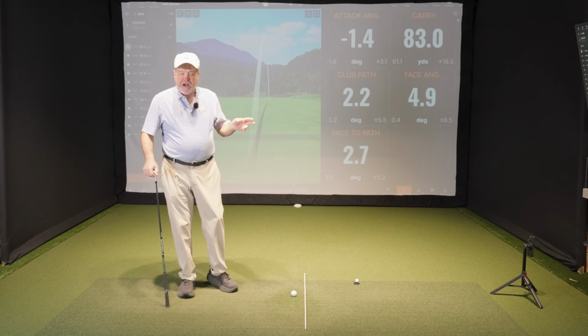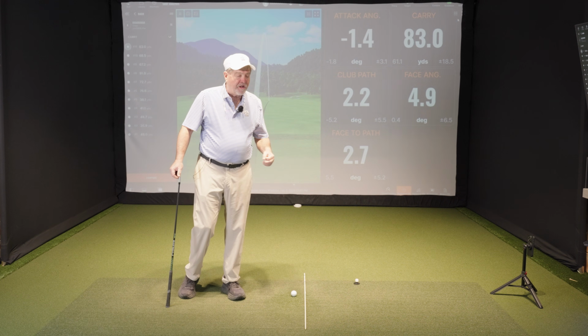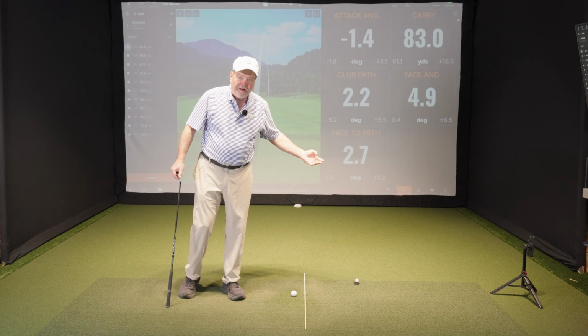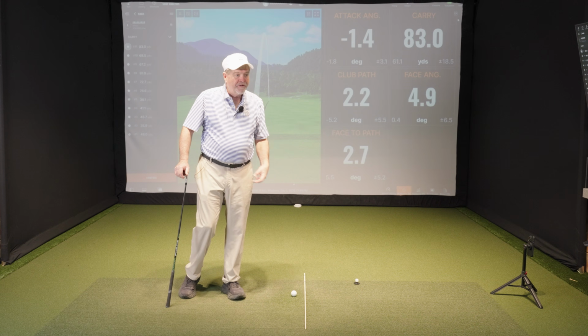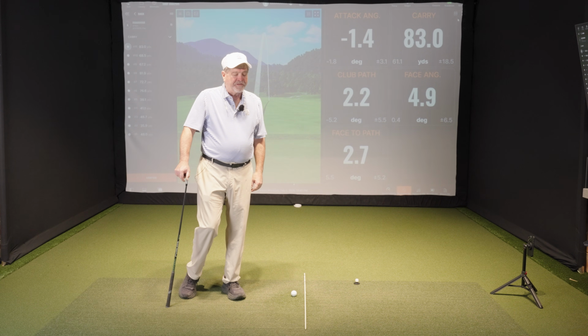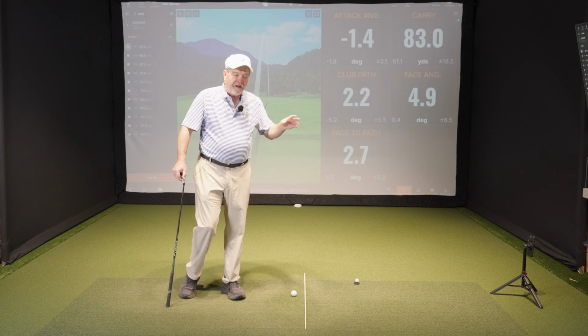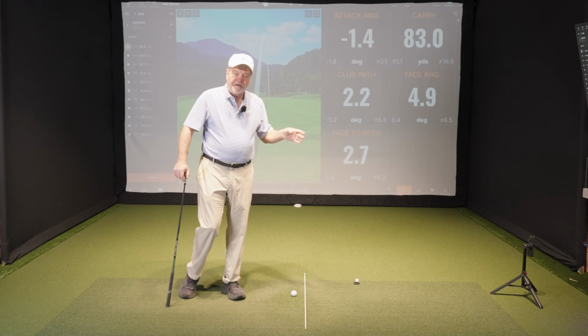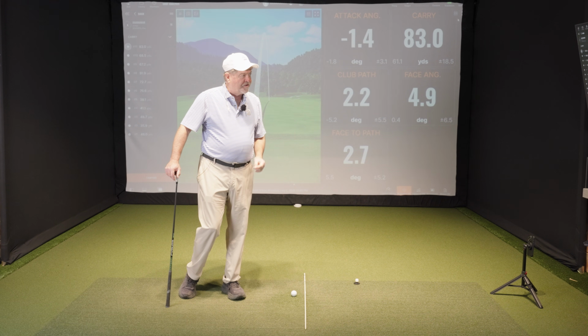And so these are the TrackMan numbers. If you're on a different launch monitor, they might say in to out, or out to in, or they might say right, or they might say left. And so you'll just have to figure out which launch monitor you're using and what data you're getting.